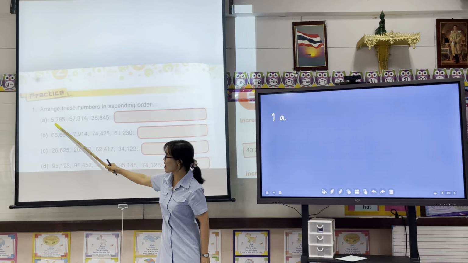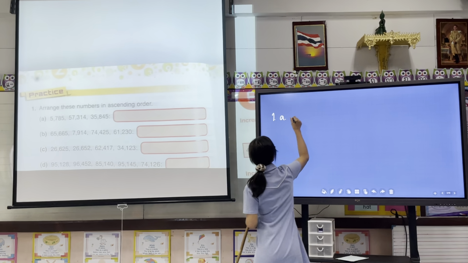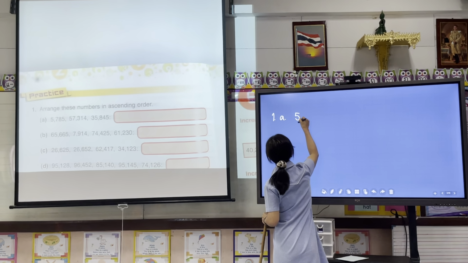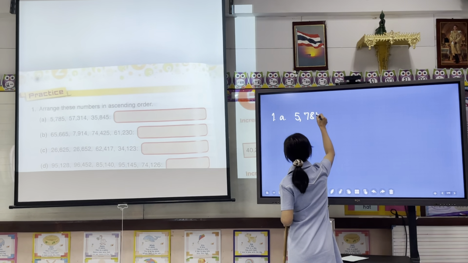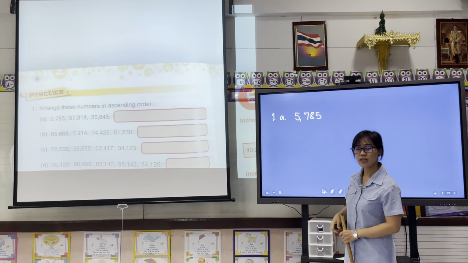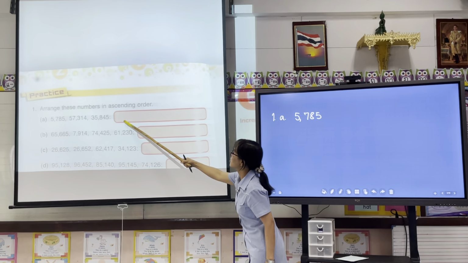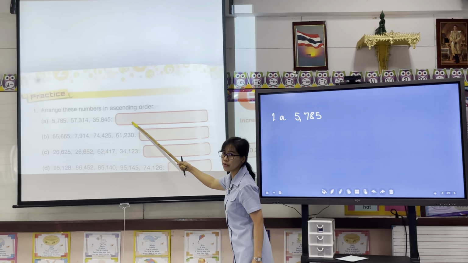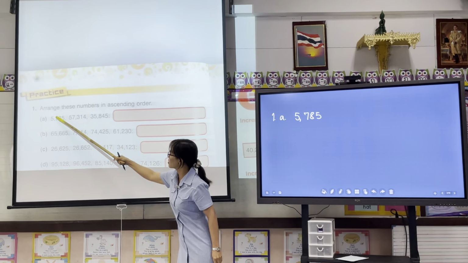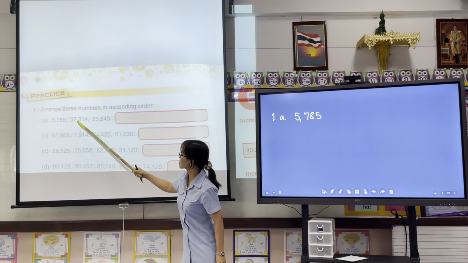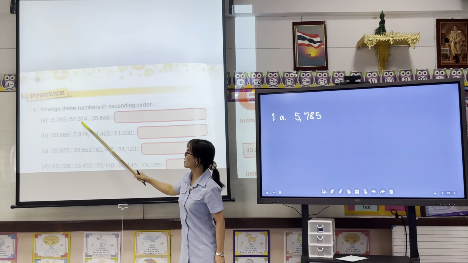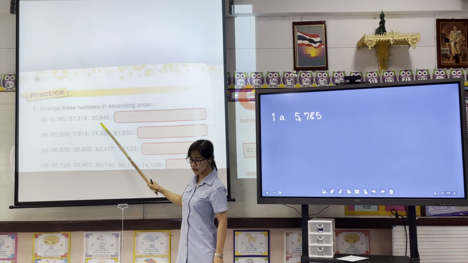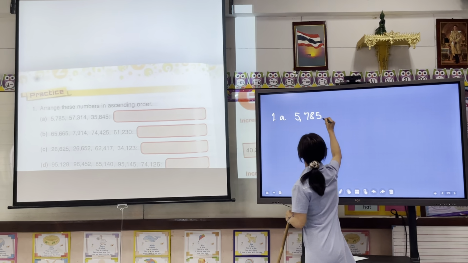What do you think is the smallest? This one, right? So 5,785, that is the smallest. So you write it down first. Write down here the first number. Okay, this is out. Next, getting bigger. 57 or 35? 35,000.